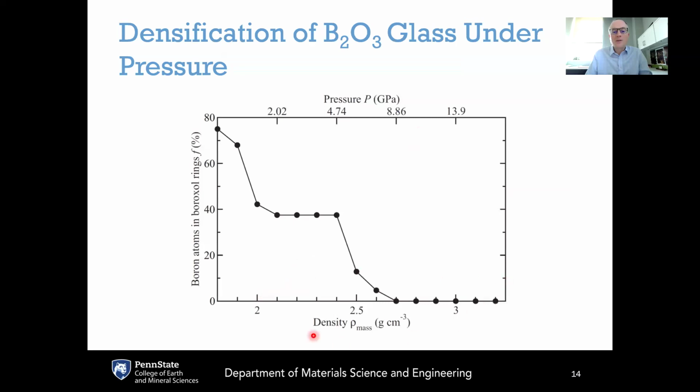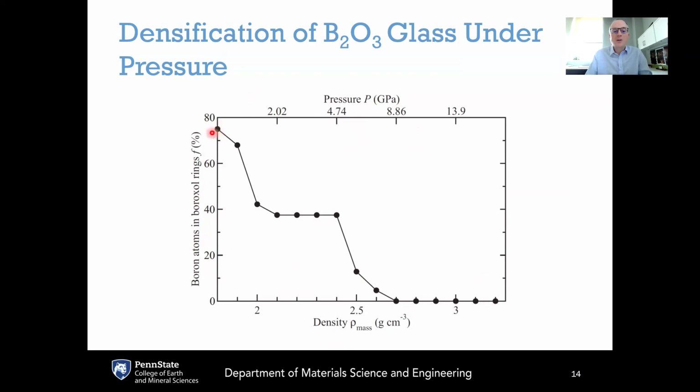On the bottom horizontal axis, this is the corresponding density that one gets from that increasing pressure. And then on the vertical axis, this shows the percentage of boron atoms that are in boroxol rings. So remember, those boroxol rings were these six-membered rings, and they have a more open structure.